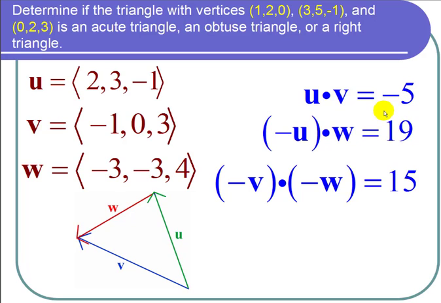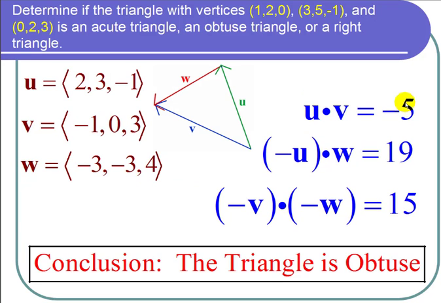Well, a cosine is negative whenever that angle is obtuse. So in particular, I have an obtuse angle, I have an acute angle, and I have a second acute angle.